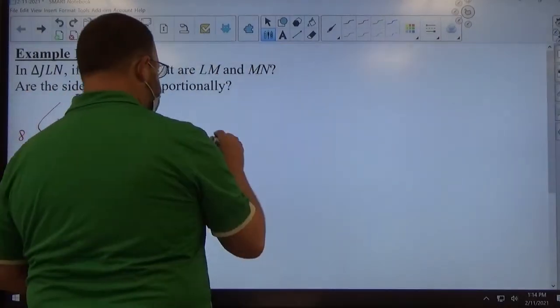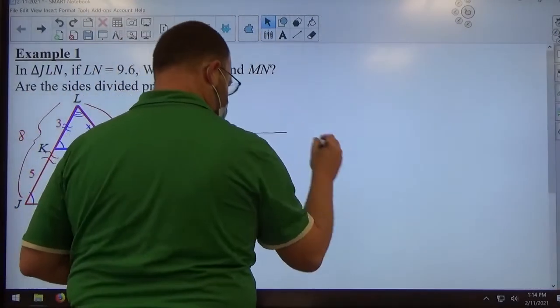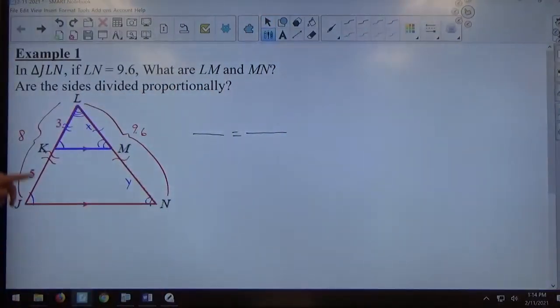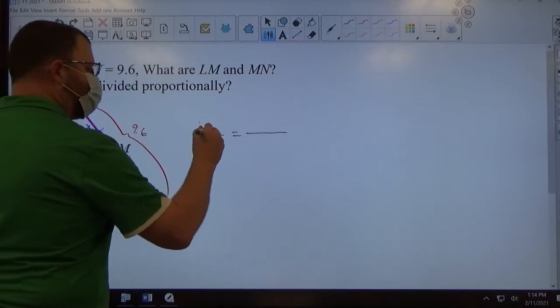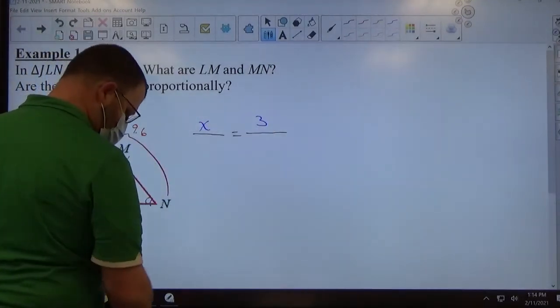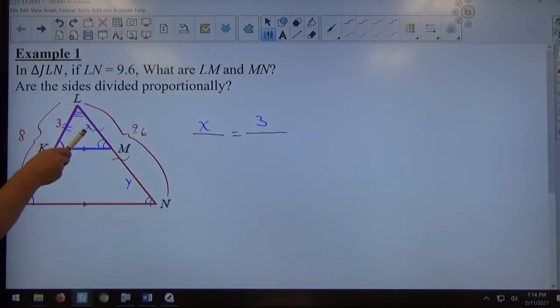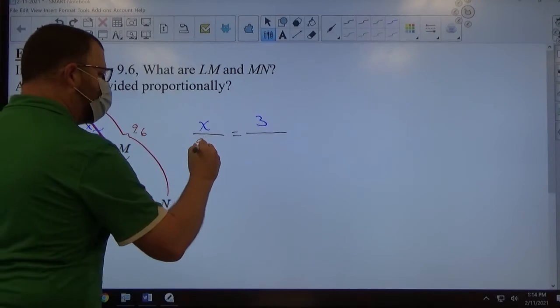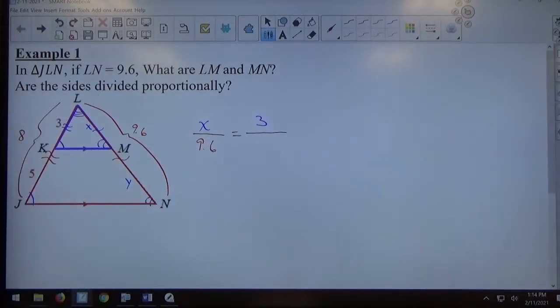So if I do make my proportion, I'm going to put the small measurements on top, so X and 3 are the sides I'm dealing with here, X on top, 3 on top. Side X in the small triangle corresponds to side 9.6 in the big triangle, so 9.6 goes in the same fraction. And side 3 on the short triangle corresponds to side 8 on the big triangle.